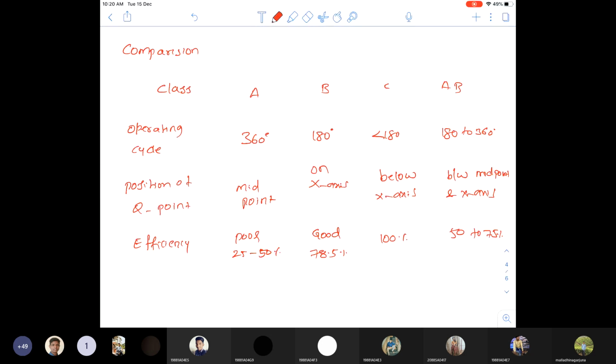With respect to efficiency, class C is good, it has the highest efficiency. Next, distortion. Class A has no distortion, class B and AB are moderate, and class C is the highest.